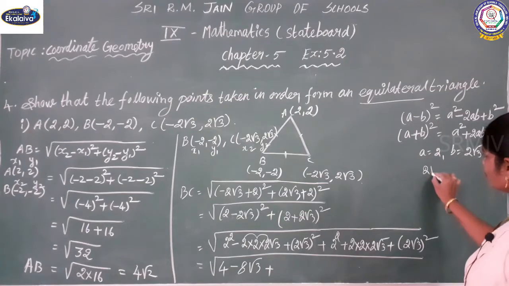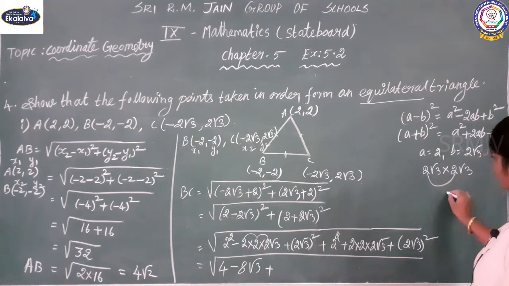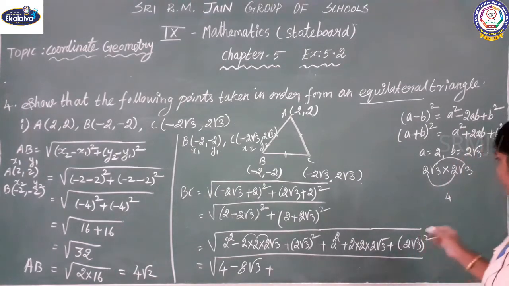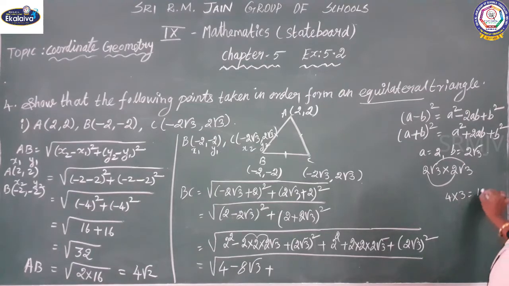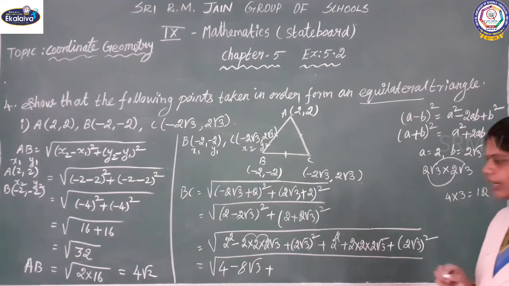Listen here, 2 root 3 into 2 root 3. So 2 2s are 4, root 3 into root 3, what will you get children? 3. So 4 into 3 you will get 12. When we square this, what are you getting children? 12.